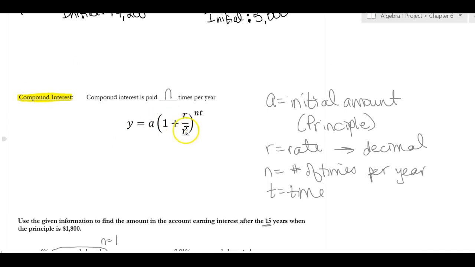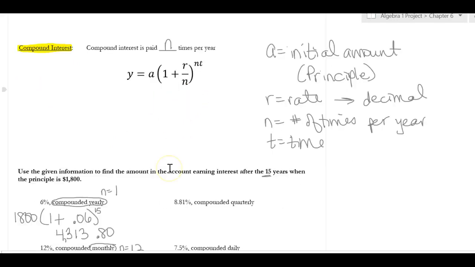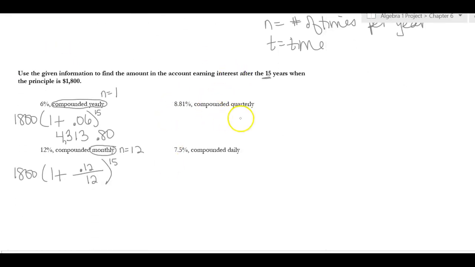Whenever you compound, you also have to multiply the time by how many times it's compounded. So it's going to be 15 years at 12 times per year. So now, once I have that, I could just use my calculator to plug it in. And so after 15 years, you're going to have $10,792.44.